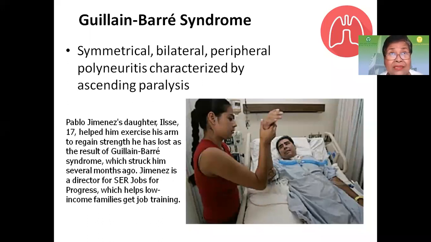Weakness of the lower extremities, and then in 24 to 72 hours, paralyzed na ang lower extremities, abdominal muscles, and respiratory muscles. So just the same, no? Kaya sinabi nga ascending paralysis, paakyat yung paralysis. So this client also needs an artificial airway to be attached to a ventilator.